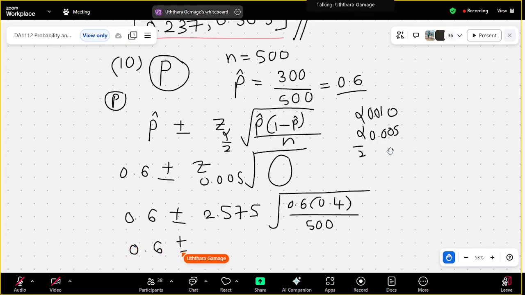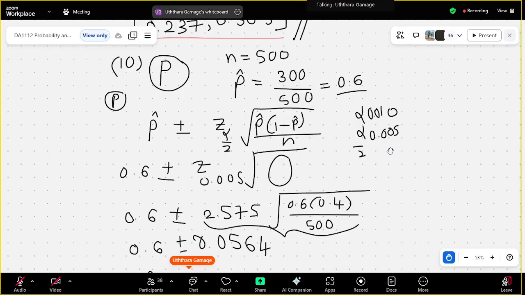We are almost at the answer. 0.0564. Three decimal points is enough.